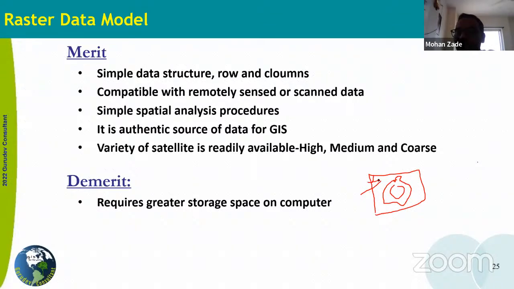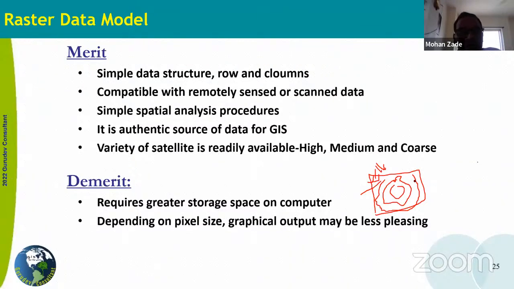Even if there is no data, it will assume no data in these portions, because in our real world scenario, this is where the actual data is present and this data is not present. So these no data values are present in the raster dataset, and therefore it occupies more space because it has to be in rectangular or square form.